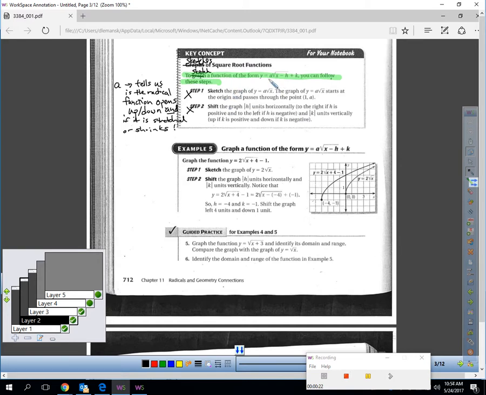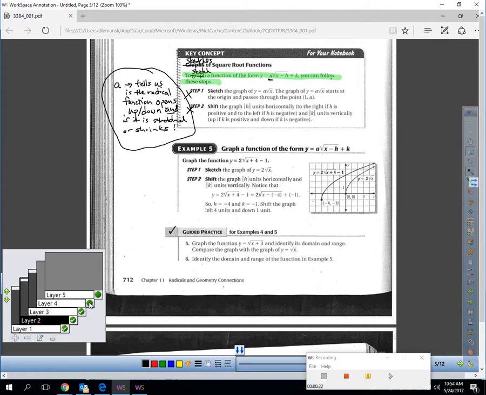You see how there's an a in here. A tells us if the radical function opens up or down, and if it's stretched or shrinks. Doesn't that sound familiar? This is exactly what a told you with parabolas, so the a value in front doesn't tell you anything different than you already know.